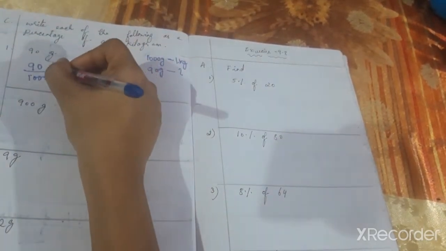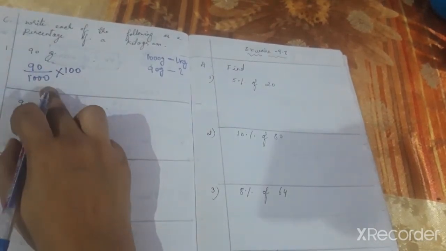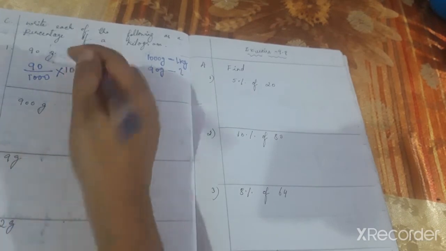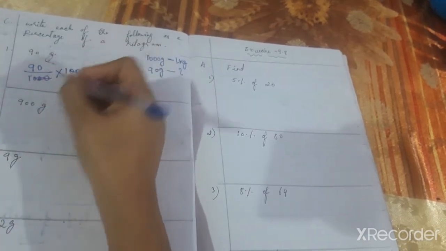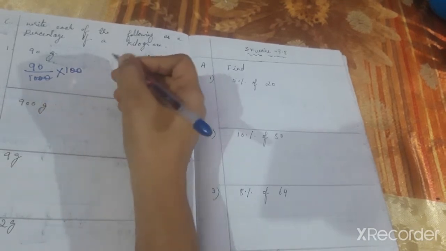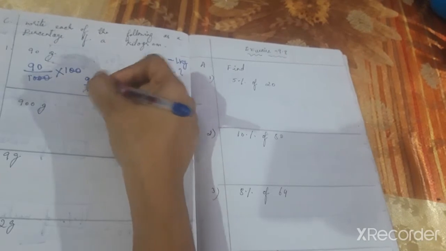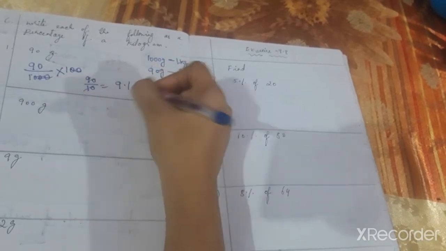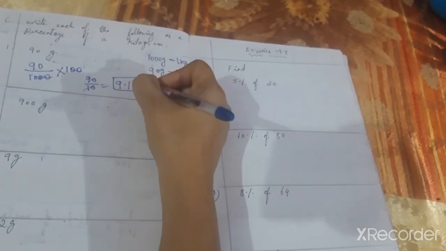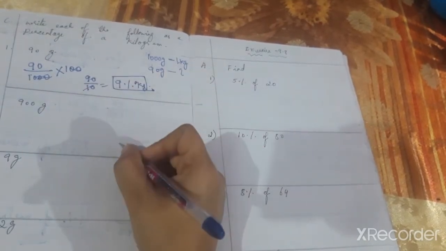So to convert into percentage, multiply the kg form with 100. 0 0 cancel, 90 by 10. 10 ones are 10, 10 nines are 90, so 9% of kg.